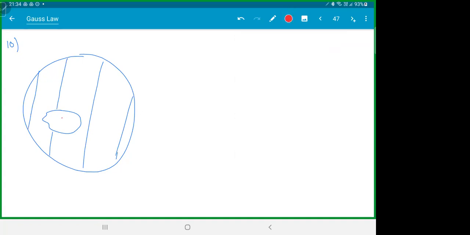So here we have a charge Q1. We have a charge outside, Q2. From here to here, the distance is d.